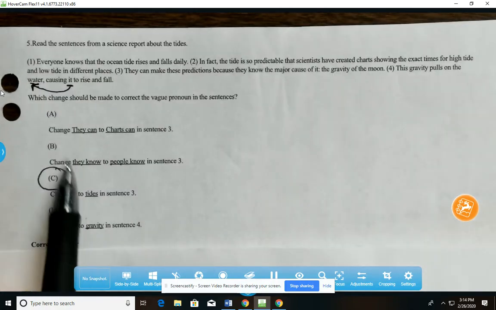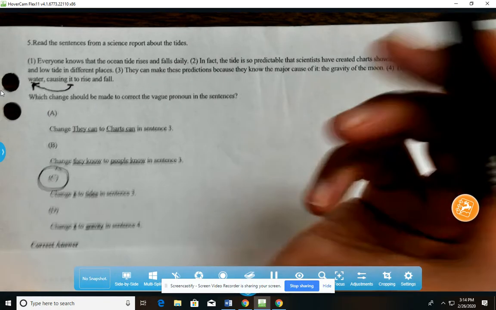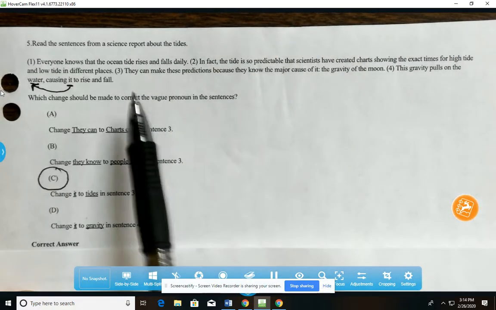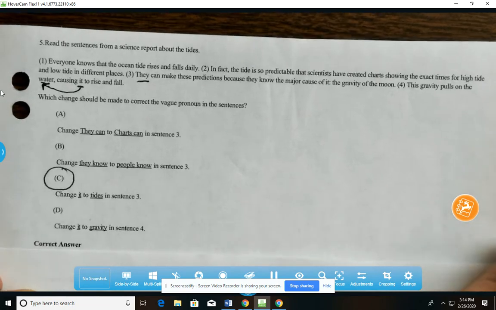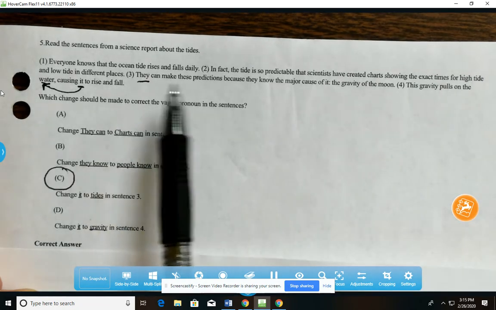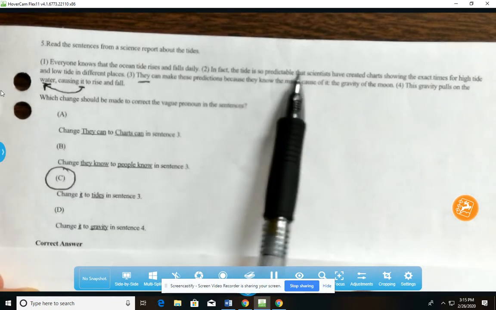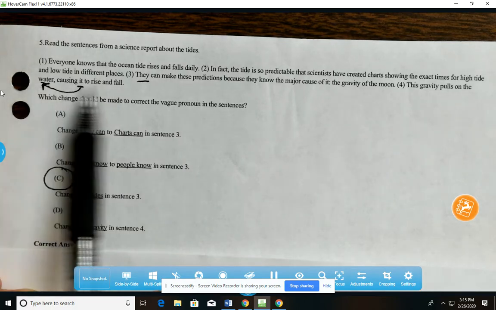Let's practice a couple others. So in the other answers, change they can to charts can in sentence 3. In sentence 3, it says they can make these predictions. If you look at the previous sentence, it reads, in fact, the tide is so predictable that scientists have created charts that show the exact time for high and low tide.